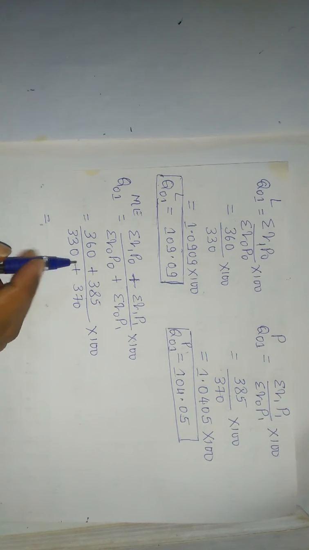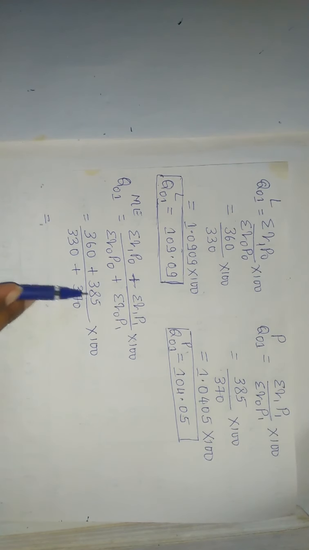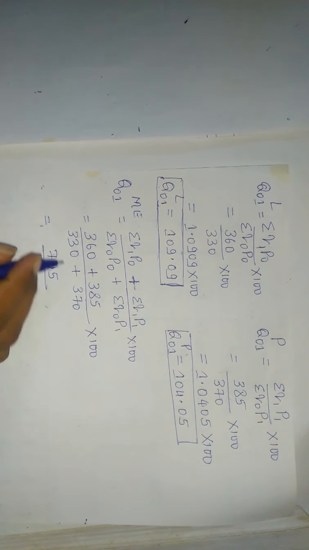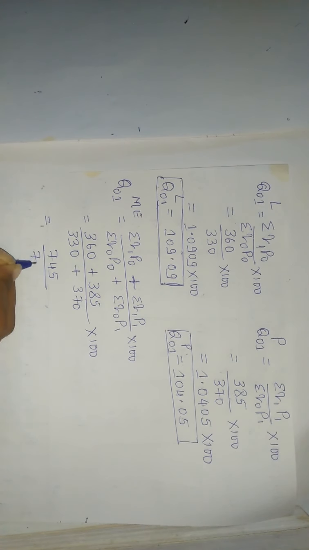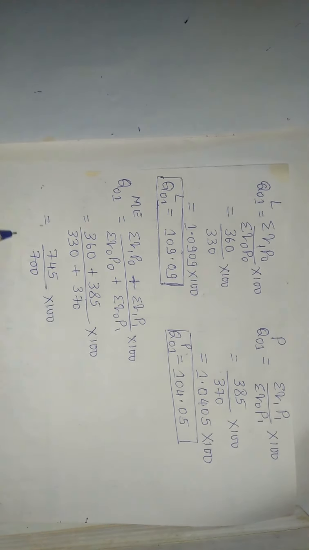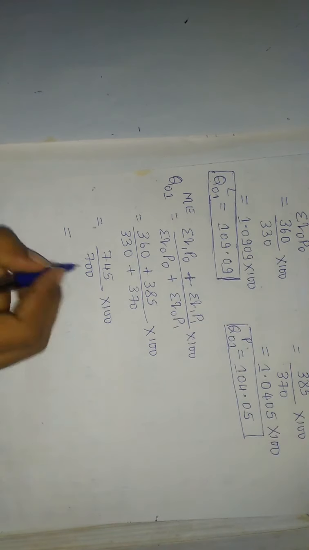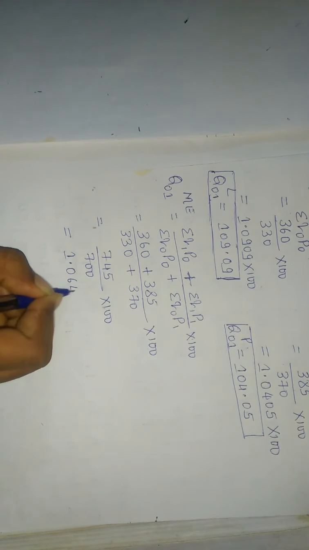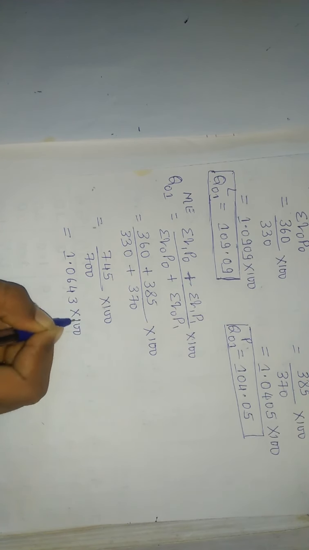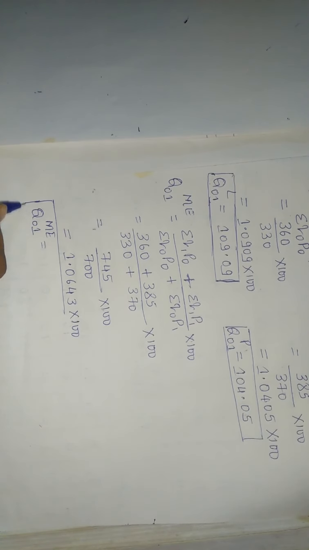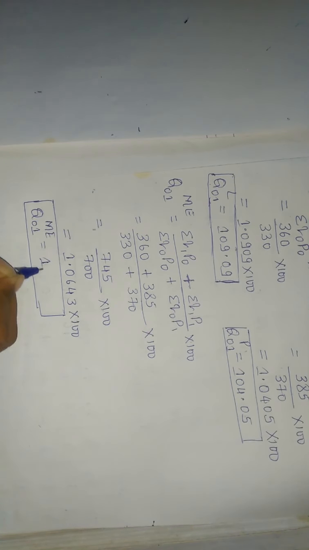So next step, 360 plus 385 is 745. 330 plus 370 is 700, into 100. Then 745 divided by 700 is 1.0643 into 100. So the answer for Marshall-Edgeworth quantity index number is 106.43.